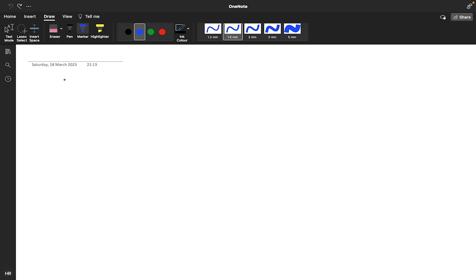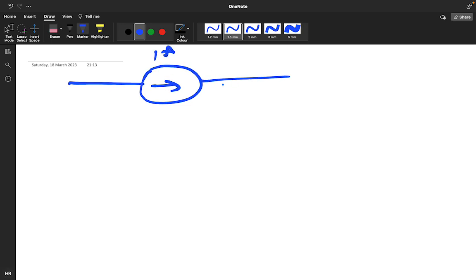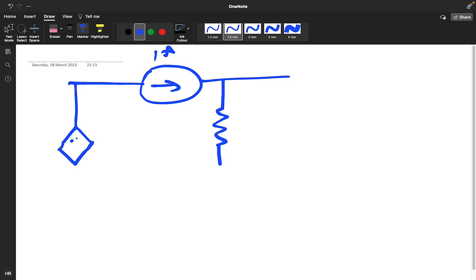So what I was trying to give you, this particular circuit, this is 1 ampere, and this is positive, negative, 0.5 I, and this is 5 ohm.